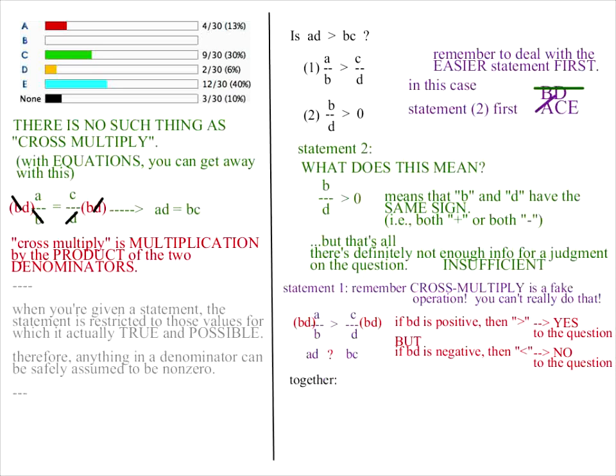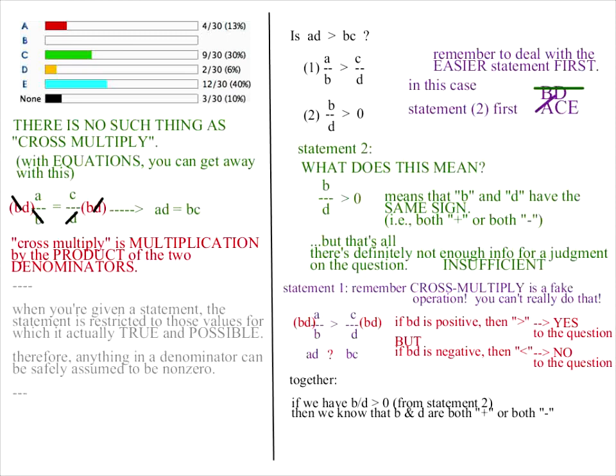Well, you're doing the same thing. Now, if we have B over D is greater than 0 from statement 2, then we know that B and D are both positive or both negative.